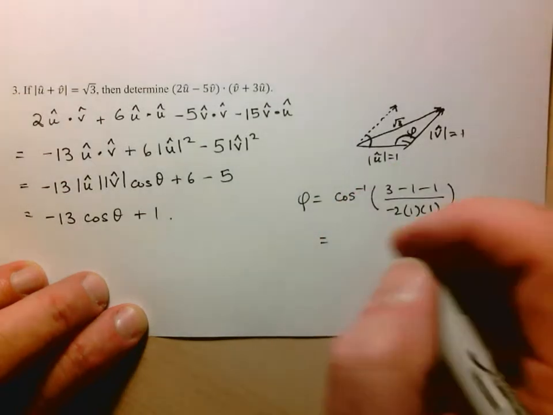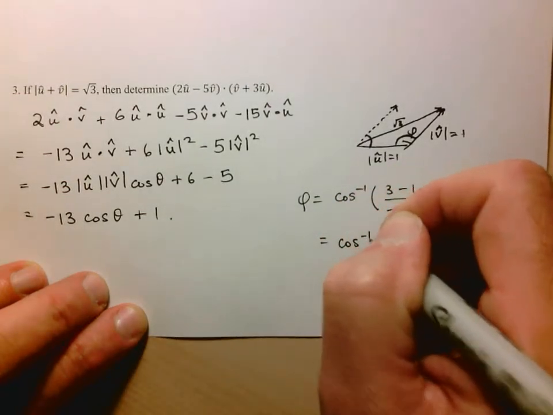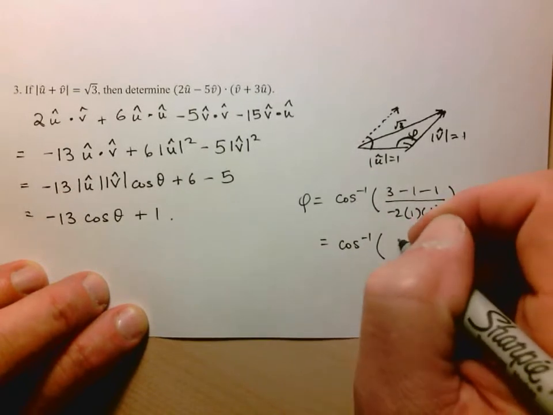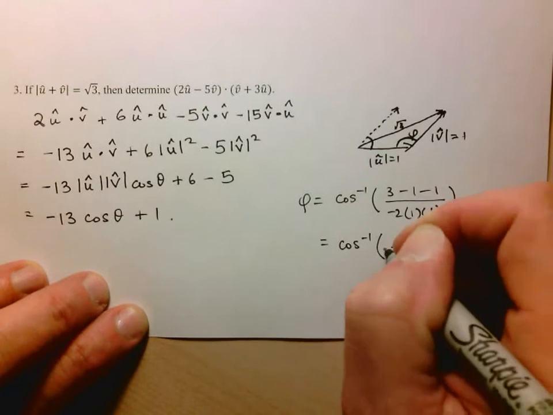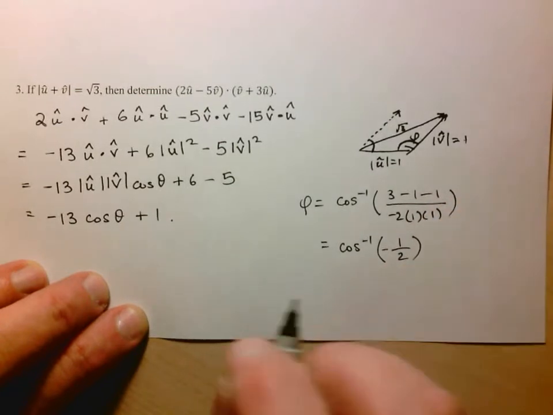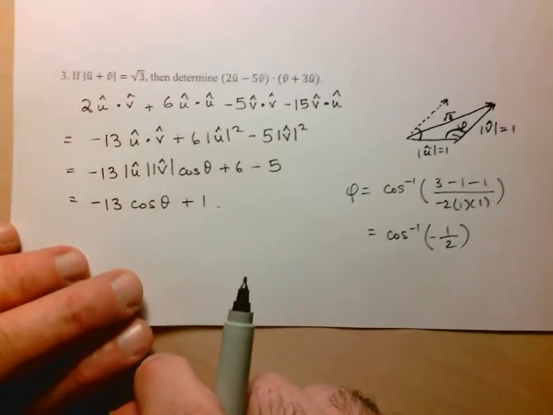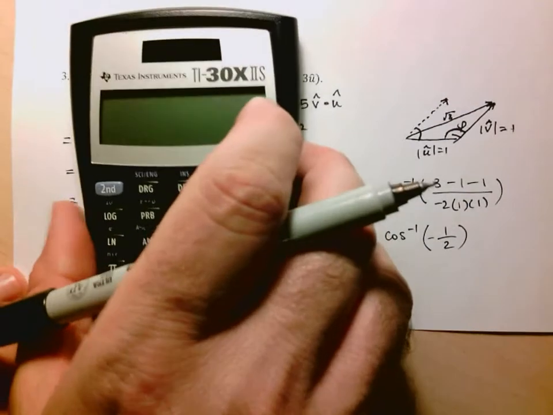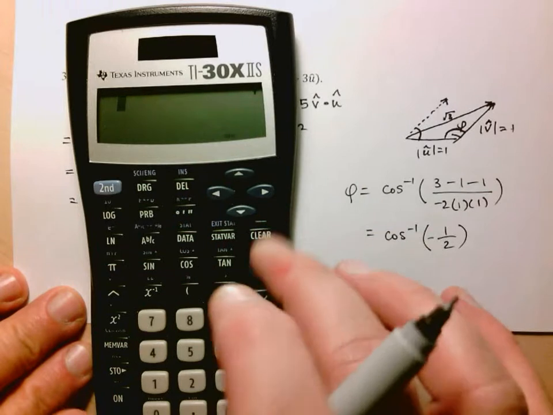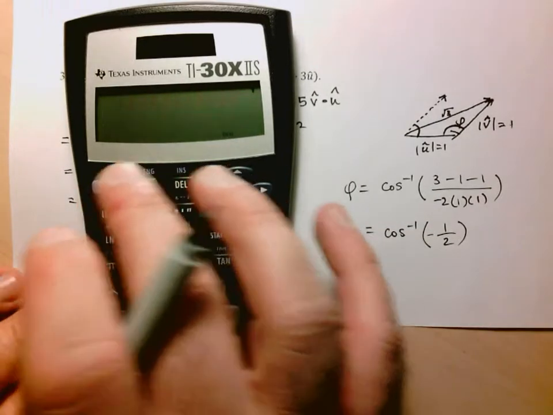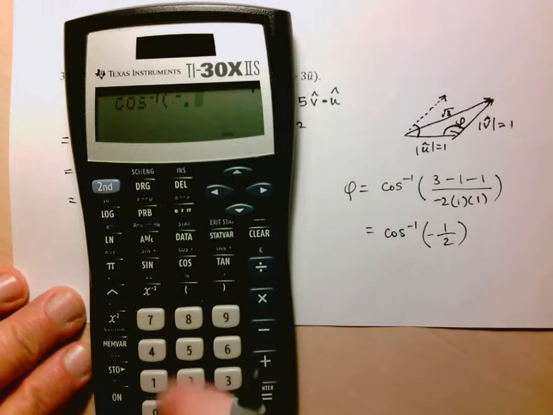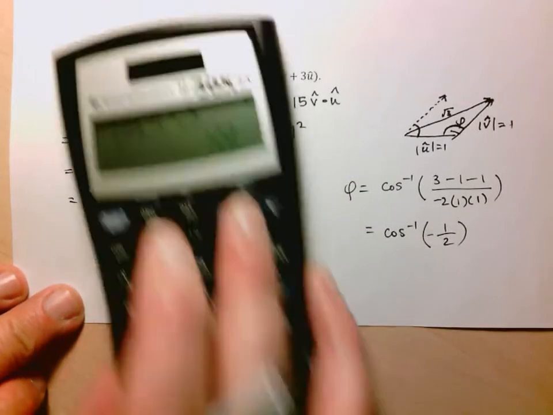Here I just have cos inverse of 3 minus 1, which is just 1, over negative 2, so I just have negative 1/2. Now in case you don't recognize this, you stick it in your calculator, but hopefully you recognize that 1/2 is going to relate to a special angle, so cos inverse of negative 0.5, and there we go, there's our 120 degrees.